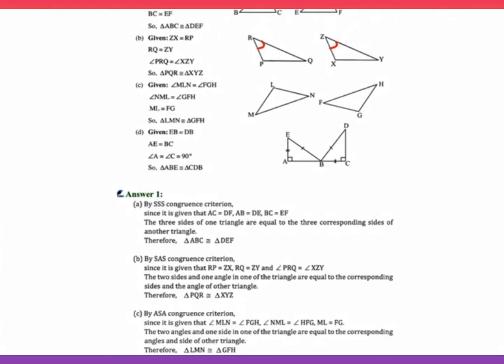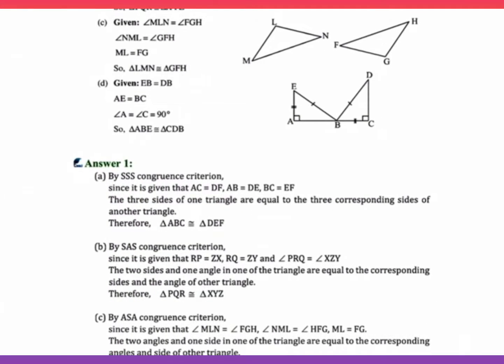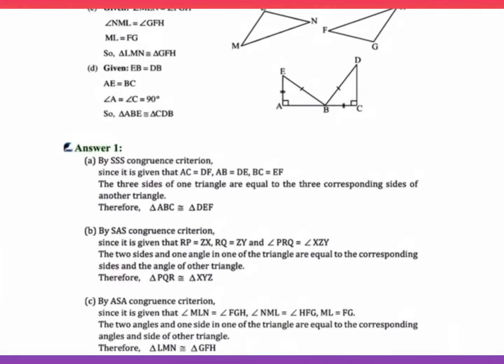Okay dear, now moving to the next question, part number C. Here you can see that in part C, triangle LMN and triangle FGH, these two triangles are given. In these two triangles it is given that angle L just equal to angle G. Angle L means this one angle just equal to angle G, this angle, okay.